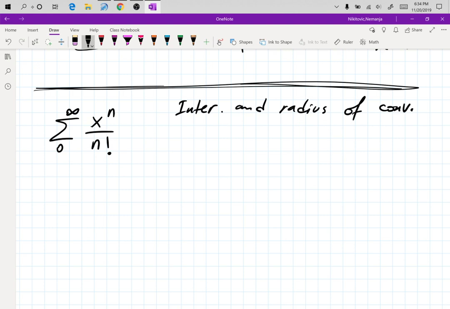Well, if I'm looking for the interval of convergence, I'm looking for the values of x for which this will be a convergent series. Now we see a factorial, and that immediately screams ratio test. Exactly. So we are going to apply the ratio test in 90% of these problems.